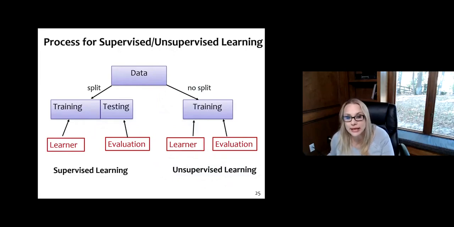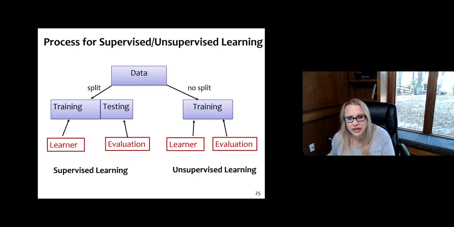Let's talk about test versus training data set for supervised versus unsupervised learning. What we have just talked about, the split into training and testing data set, really applies when you are doing supervised learning. So the learner is given the training data set, and then you evaluate the performance of your model on the testing data set.